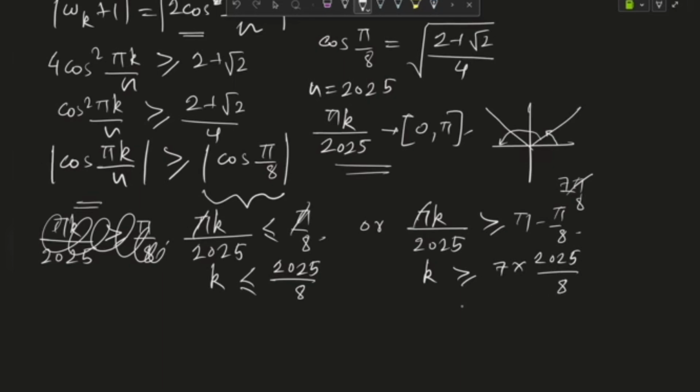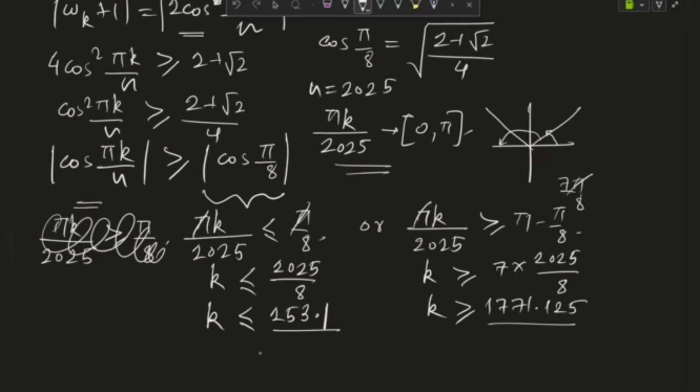Now if we try to ascertain the values, I have already calculated them, so I am writing that this thing is somewhere around 253.1, and this is approximately, it's a big value, 1771.125.